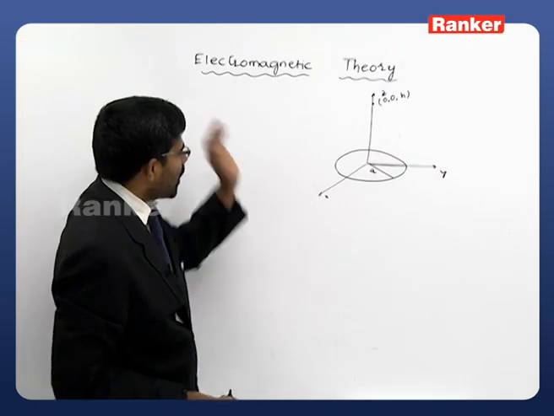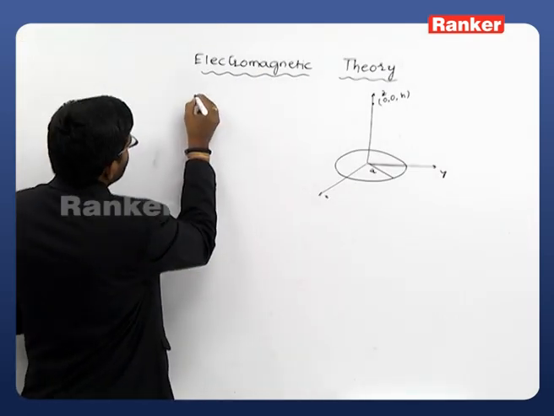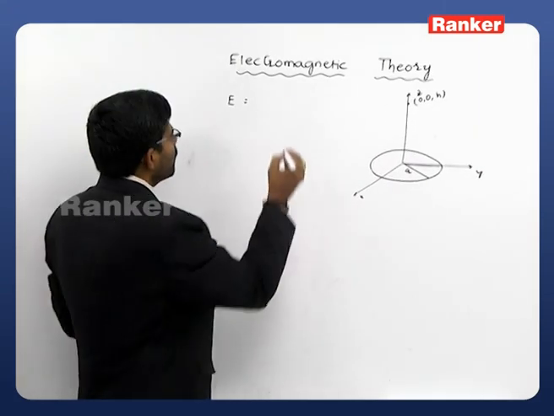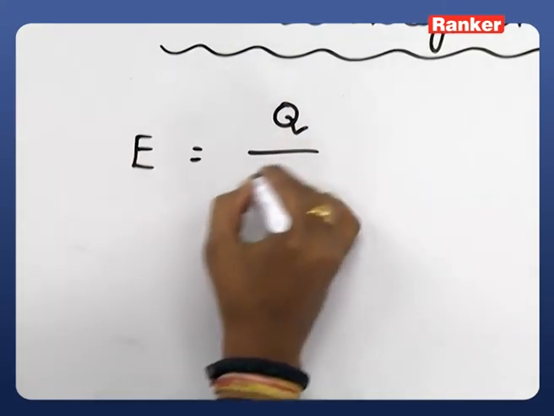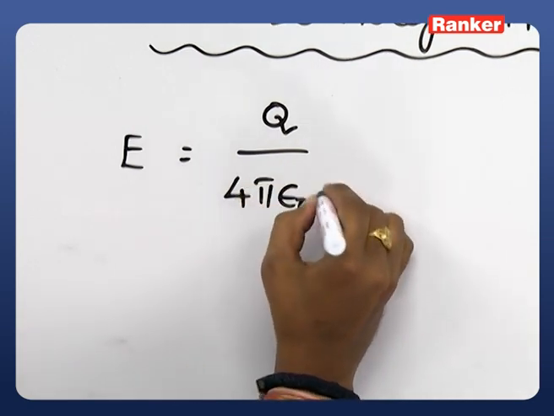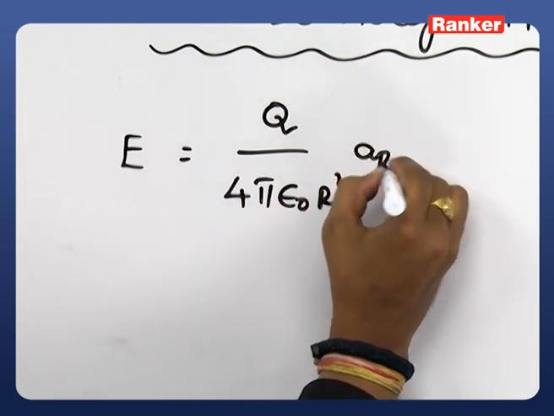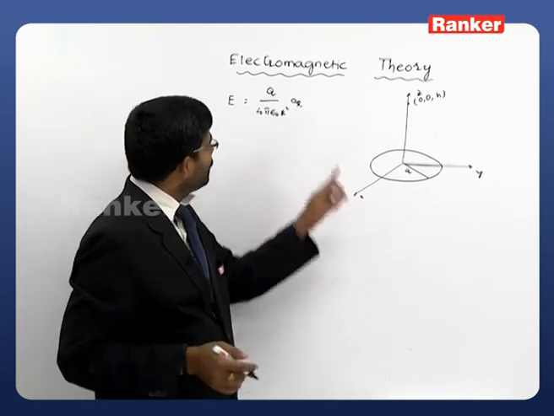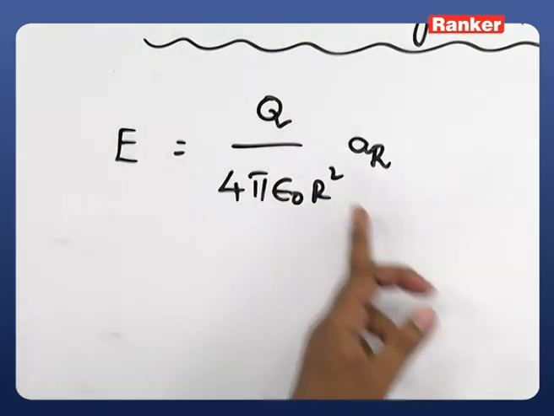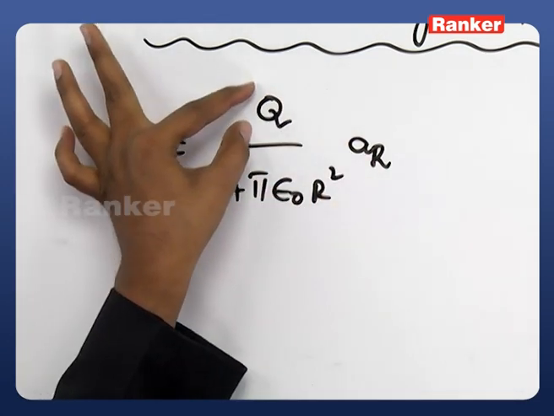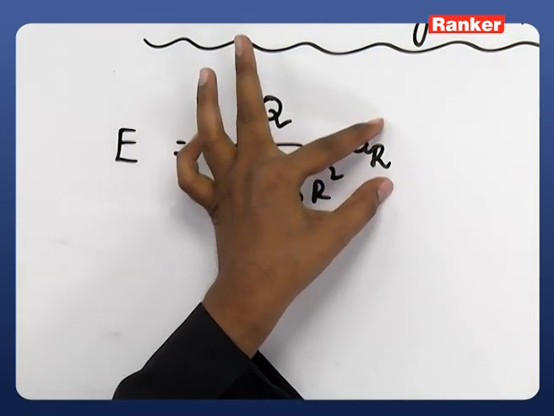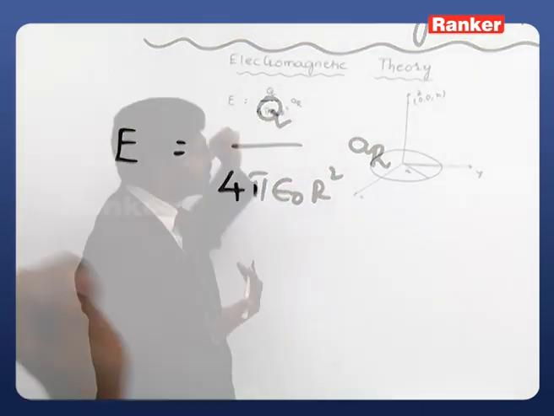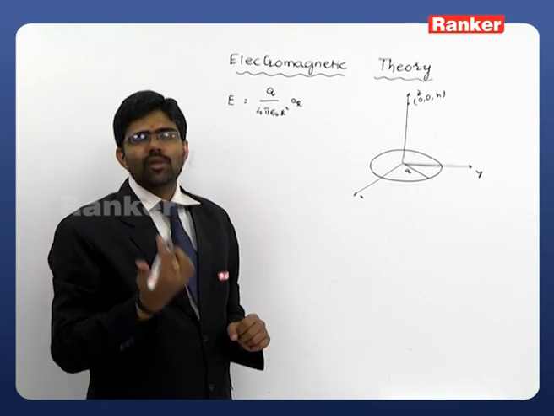Just observe what we are doing. What is the basic equation of electric field intensity? The basic equation is Q by 4 pi epsilon naught r square in the direction of r. Now we will try to change this equation by observing different quantities: what is the charge we have here, what is the unit vector from the line charge to the point of observation, and what is the distance vector from the line charge to the point of observation.